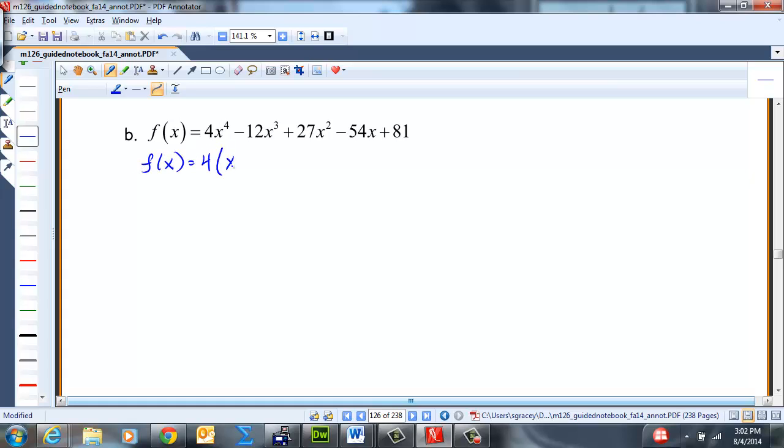So we'll get x to the 4th minus 3x cubed plus 27/4 x squared minus, I'm just going to leave it as 54/4 because we'll be adding, and then plus 81/4.